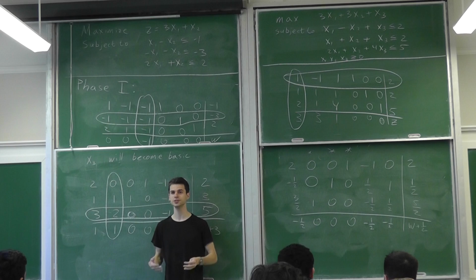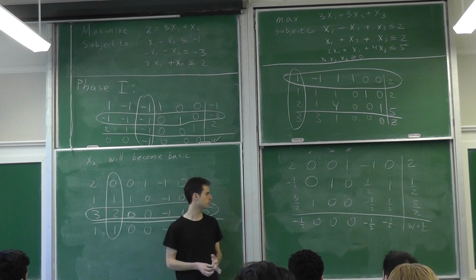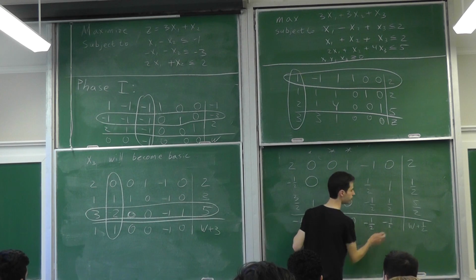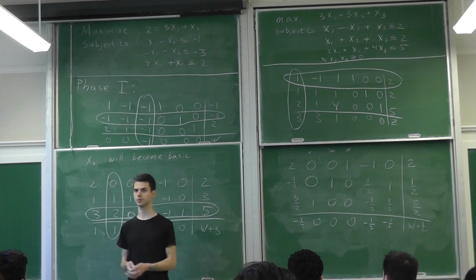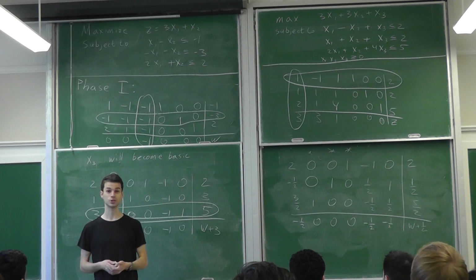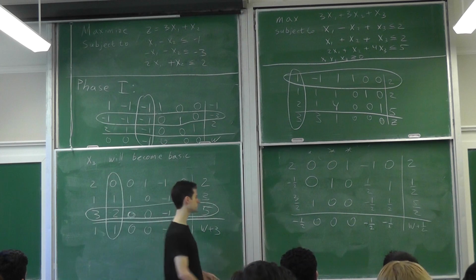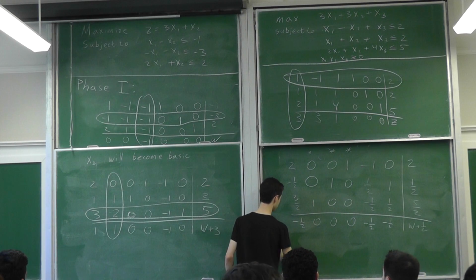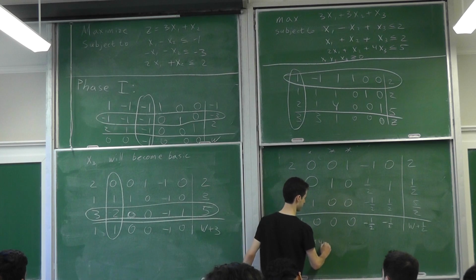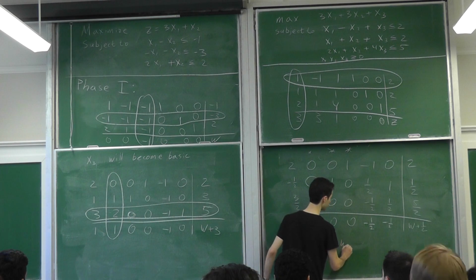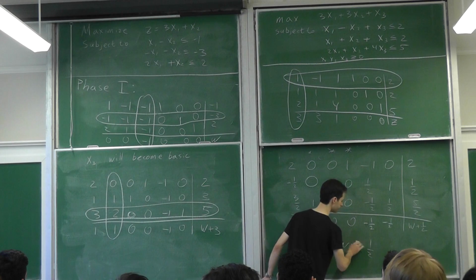Can I increase it any further? No. So these coefficients now come with negative signs. If I try to change any one of those, well, W will only decrease. So optimum is W is minus 1/2.